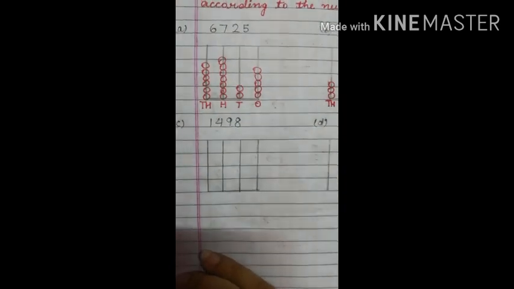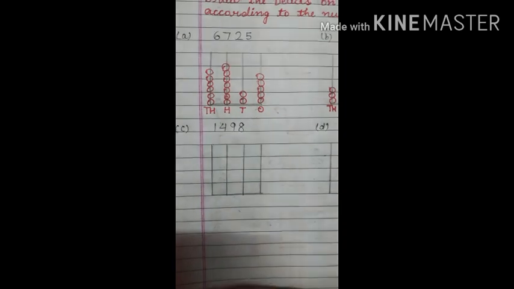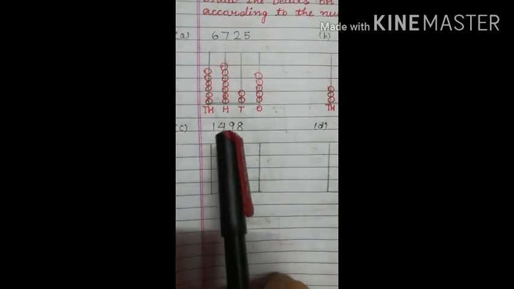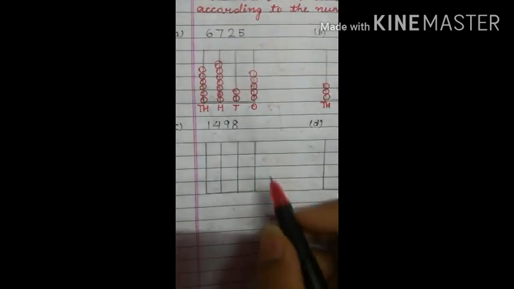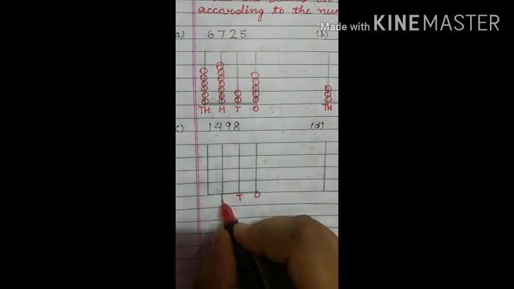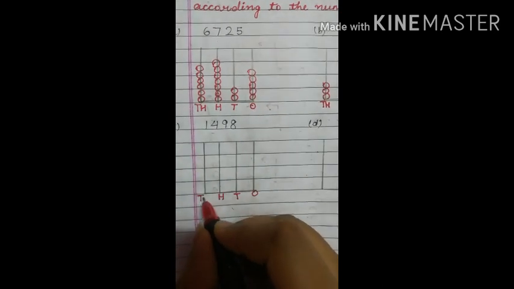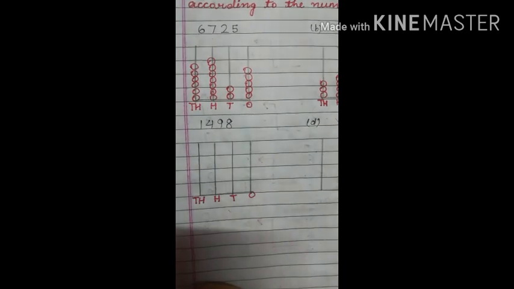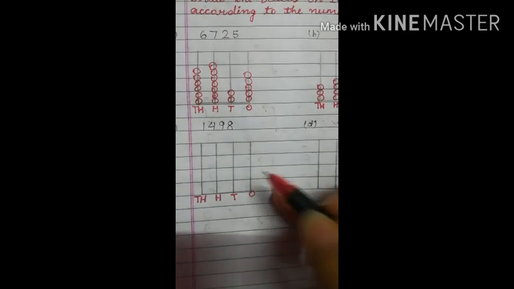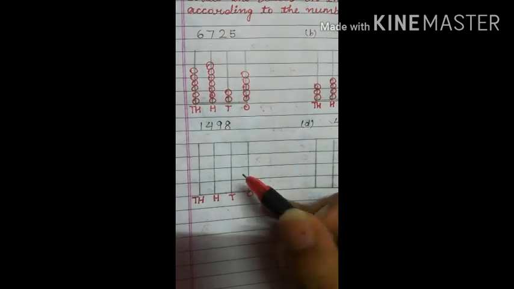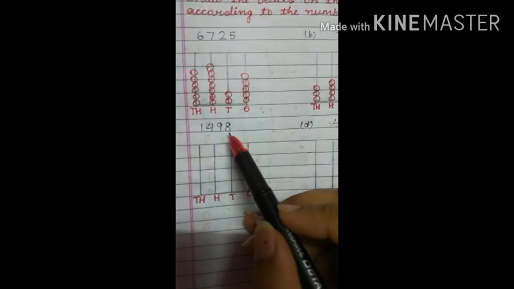Move towards the next part, the C part. Now here we have again a 4 digit number: ones, tens, hundreds, and thousands. So first of all we will write our places. Now again we will start representing these digits on this abacus. So here on ones place we have 8.